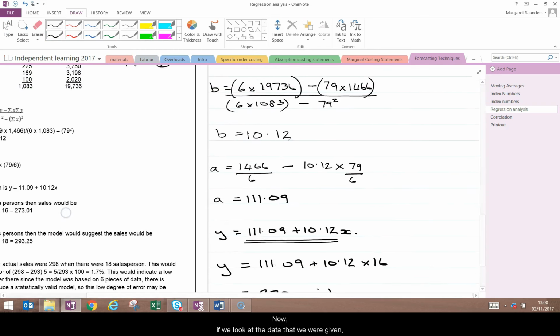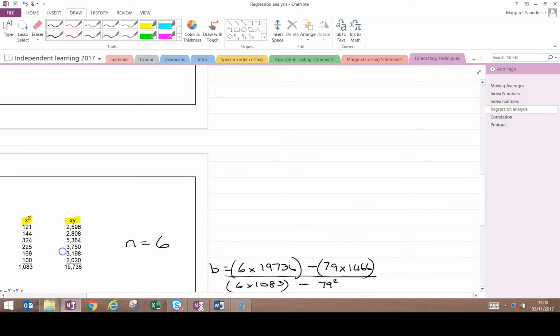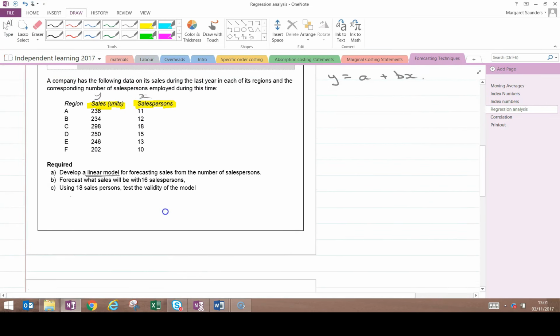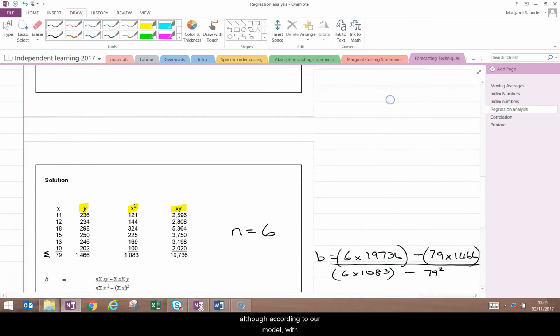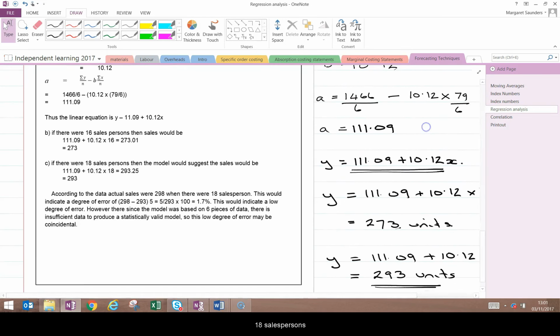Now if we look at the data that we were given, we actually had a figure for 18 salespersons, 298. So this tells us that the model is not completely accurate. With 18 salespersons, we've got 298 units of sale, although, according to our model, with 18 salespersons, we would make 293.